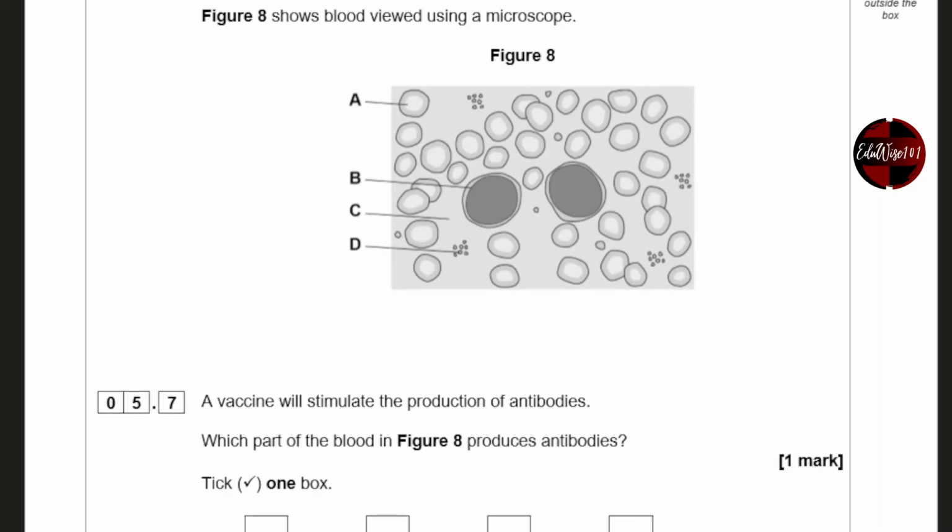Figure 8 shows the blood viewed using a microscope. Right, let's see if we can label this. That's a red blood cell. And the large one is the white blood cell.